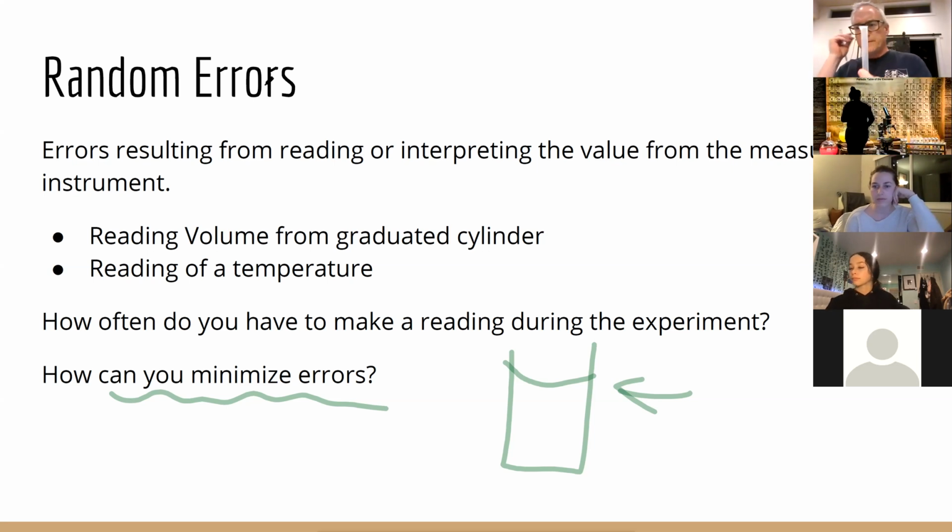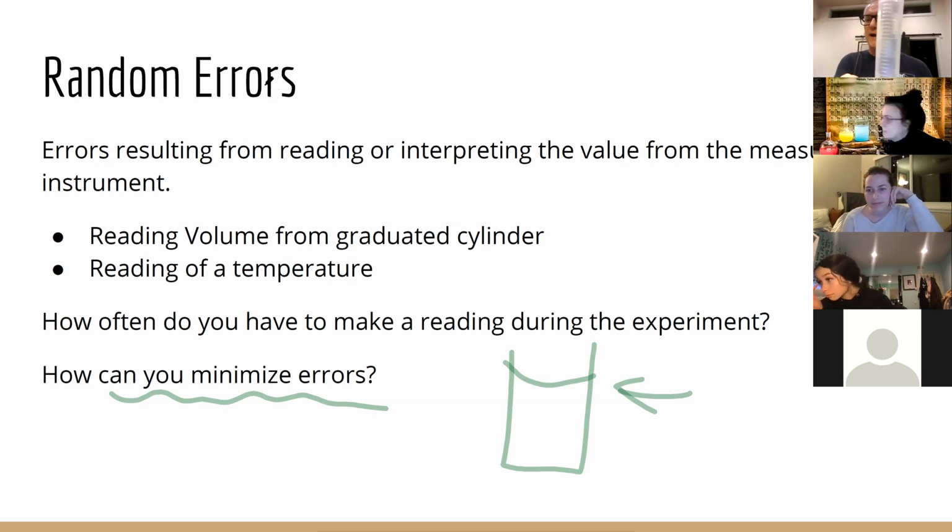Okay, so here's my graduated cylinder, and you can see it's got the little check marks on it. So what's the best way to look at it? Do I look at it from above? So if I have it like this, do I look at it from above? Do I look at it from below? What do I need to do when I'm looking at the meniscus in here? Eye level? Exactly.